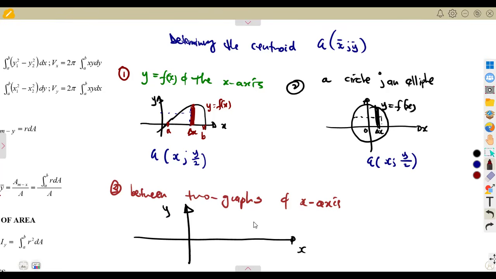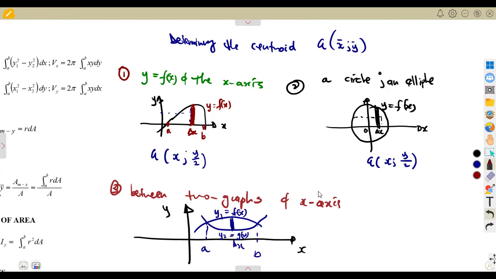Let's say we've got the first function considered like this, and the other function like this, and this is our limit A, and this is our limit B. So remember the condition that we had, y1 and y2, the top function being y1 is equal to f of x, the bottom one, y2, maybe it's g of x like that. So this is the strip for x, because we are considering the x-axis.